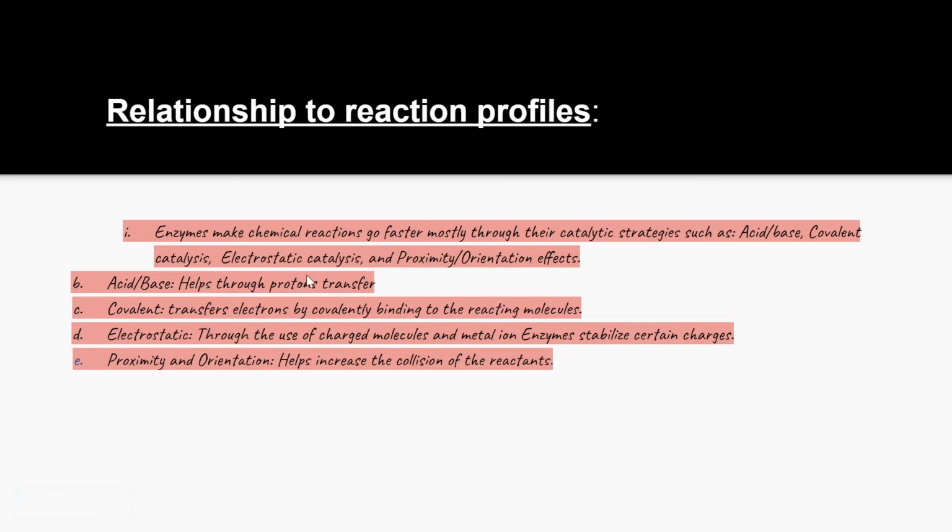Okay, so how do enzymes do this? They use catalytic strategies to allow these reactions to occur at lower energy. These strategies include acid-base, covalent catalysis, electrostatic catalysis, and proximity orientation effects. The first one, acid-base, helps through transfer in the reaction. And then we have covalent catalysis. Here the enzymes help by covalently reacting with molecules to help the reaction through lower energy.